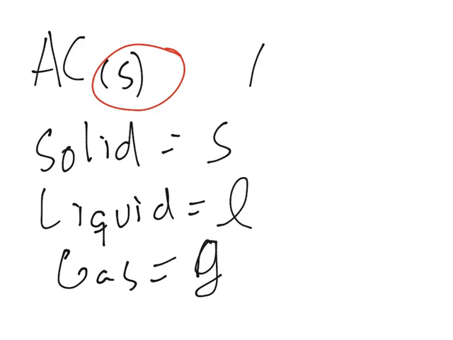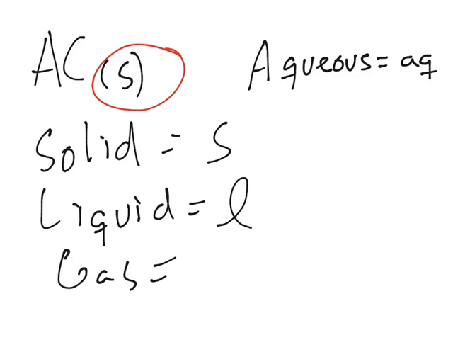And if something is aqueous, it means that it can dissolve in water, and it is written as aq. So keep this form in mind whenever you see a compound. Actually, let me fix this, it looks horrible. It's a small g for gas.